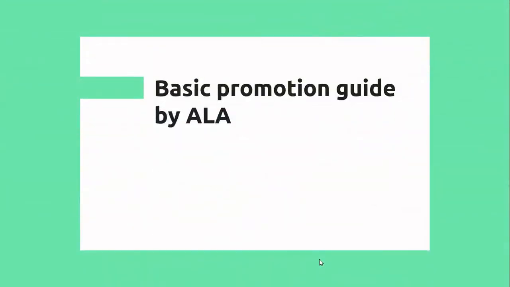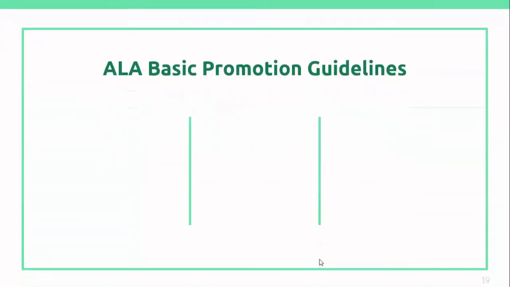So the basic promotion guidelines by ALA. To draw the audience, you must seek or create awareness about your exhibition related events. Your library needs to plan and implement an effective promotional campaign. These guidelines are intended to help you launch a successful campaign.